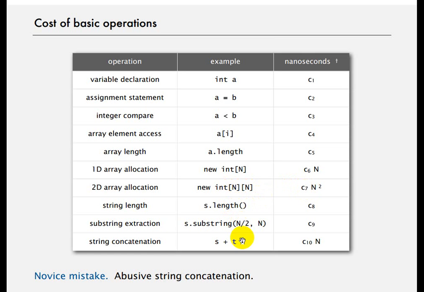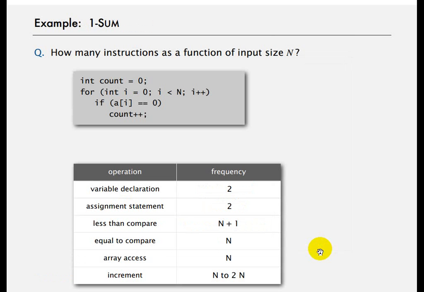Length may be a constant, because you're probably storing the length somewhere in the header, but concatenation is not, because you may actually traverse both entire strings. So it's not really a constant, and you're paying a big penalty whenever you do string concatenation.